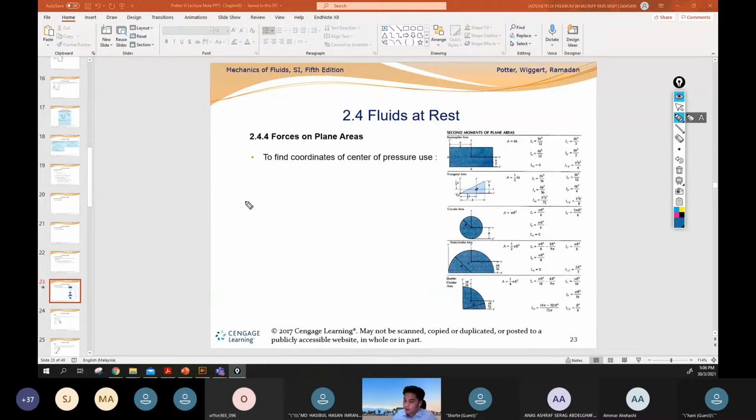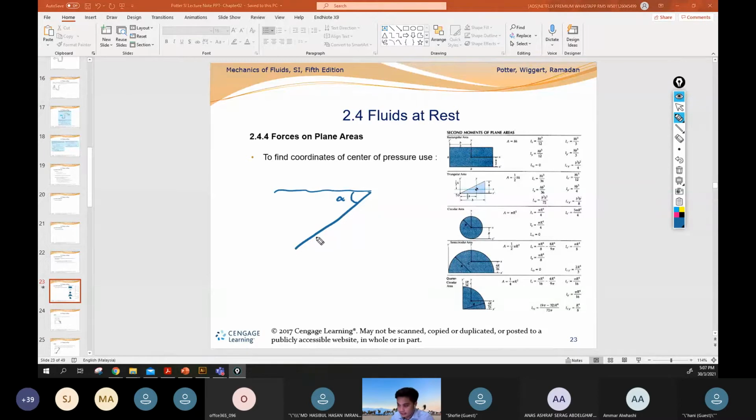Alright, so for example, we have the plane. This is the plane having an angle. So this is the angle, and this is water. Okay, alpha. So where is the resultant force?